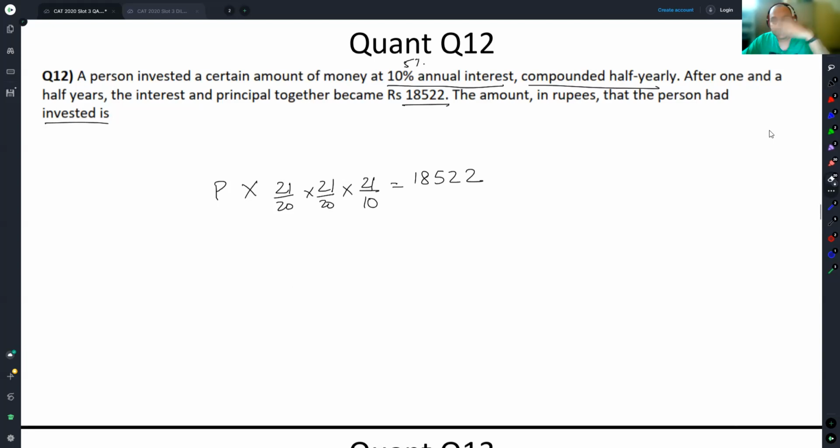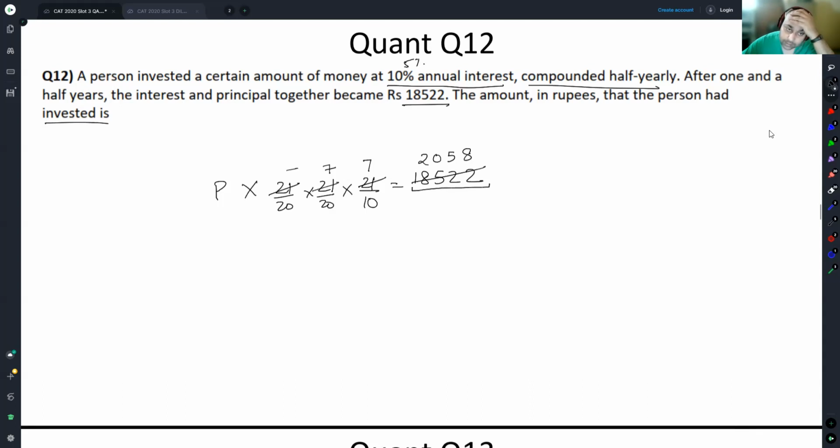Now, in an exam situation, go ahead, use the calculator, get your answer. Even if you did not want to use the calculator, one thing, can you see this number is divisible by 9? No, this number is divisible by 9. No, 18522. So cancel 7, cancel 7. 2058. Is it still divisible by 3?